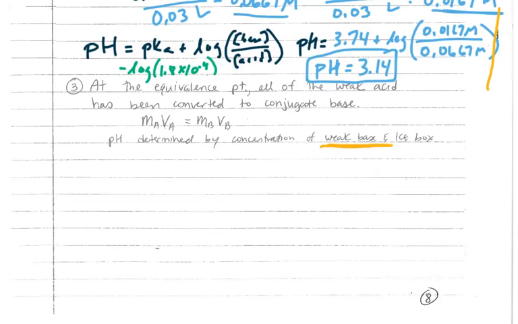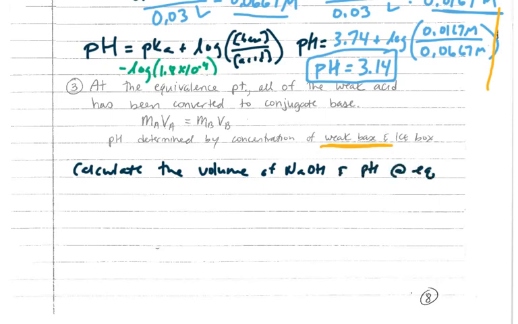So let's calculate the volume of NaOH and the pH at the equivalence point. For the equivalence point, to calculate the volume, we're always using this equation: the molarity of the acid times the volume of the acid equals the molarity of the base times the volume of the base.